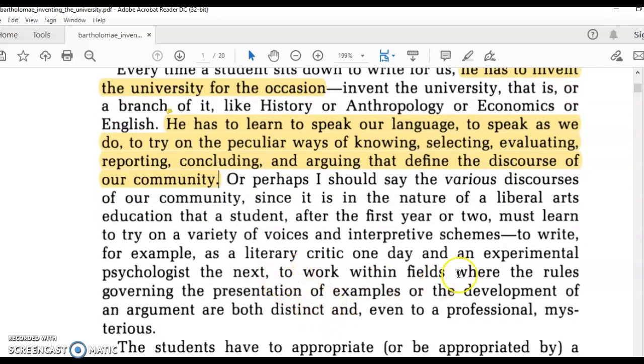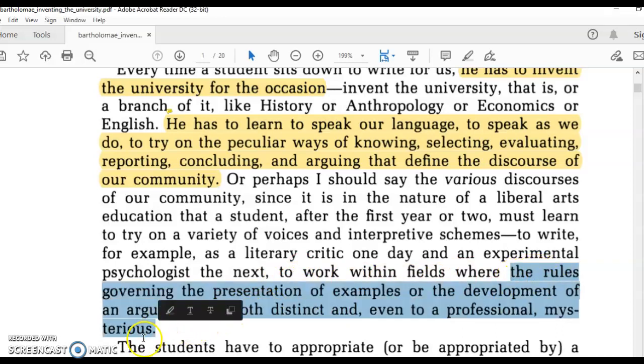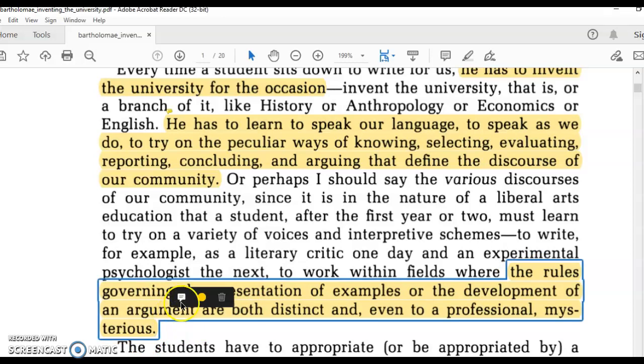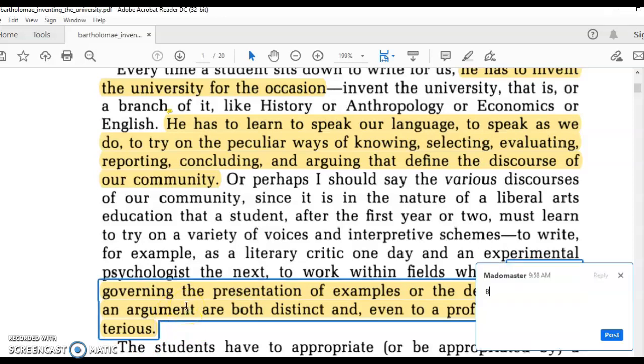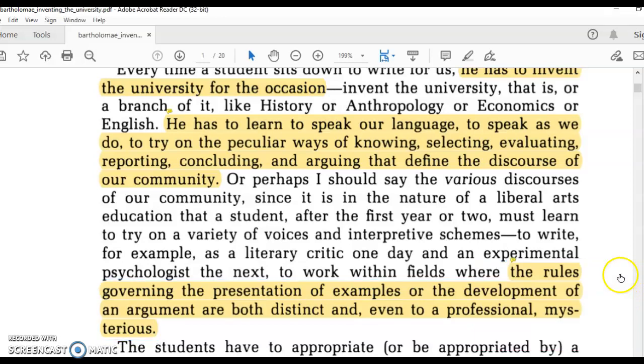I'm going to highlight this last point here, because to me, this feels like Bartholomew's thesis. This feels like his main point. The point that he is going to spend the rest of the essay trying to prove to us.